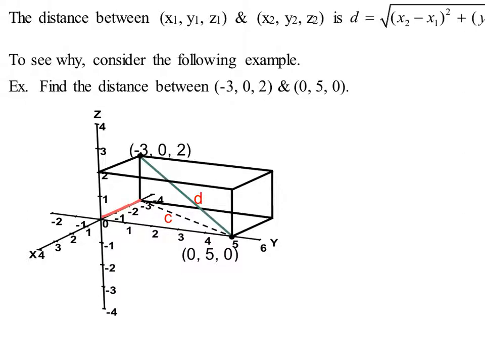This little piece here. It's a perspective drawing, or at least an attempt at one, but that would be a right triangle into space. All right. So it has an x component, a y component, and a hypotenuse.